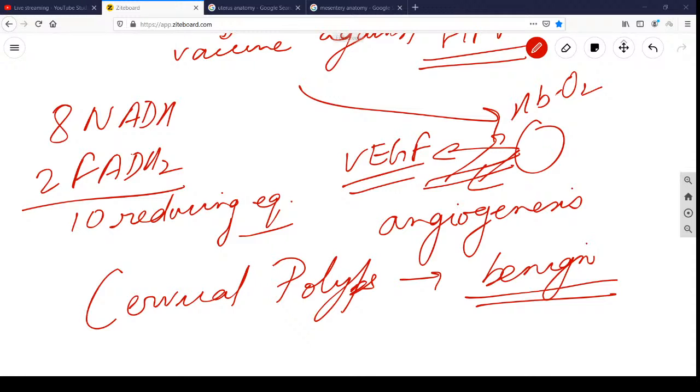Then there is something known as endometriosis. This comes in your NEET examination.